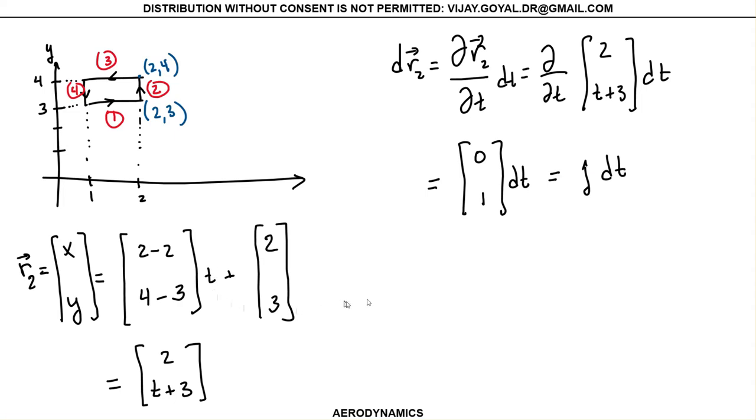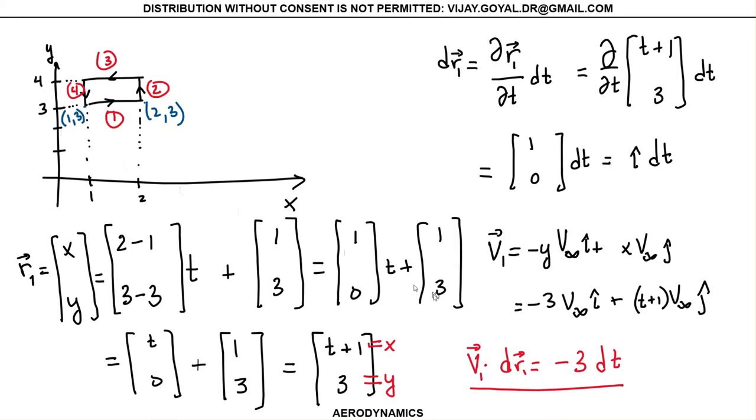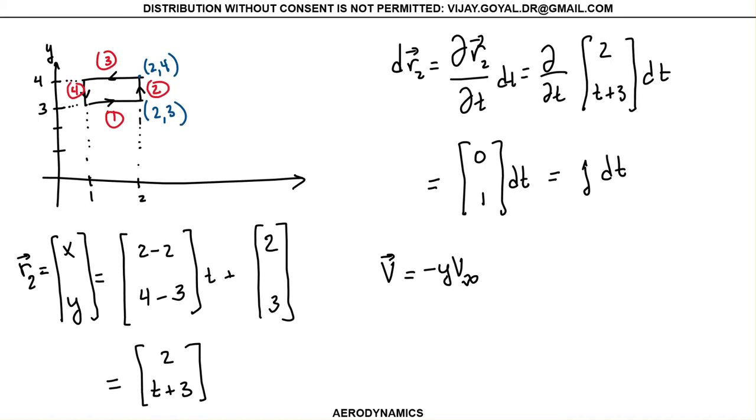Okay, and then if you go to the velocity vector, the velocity vector was minus y v infinite. Let me go to the previous slide very quick. I have here, if you can fix this, I'm so sorry, there should be a v infinite times dt. You see, I have the v infinite there. I missed that. So minus y v infinite i plus x v infinite j.